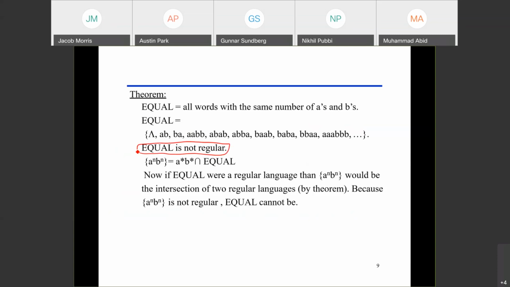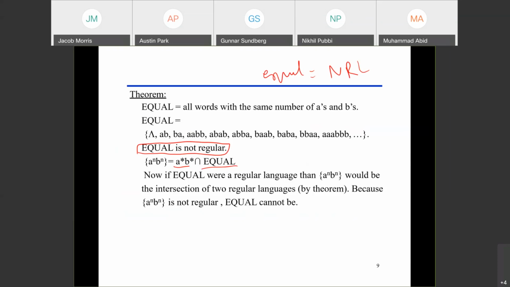So we know that EQUAL is a non-regular language. Okay, let's say this. Now we are taking the intersection of EQUAL with another language, which is a* b*. Now if EQUAL were a regular language... we know that a* b* is a regular language.